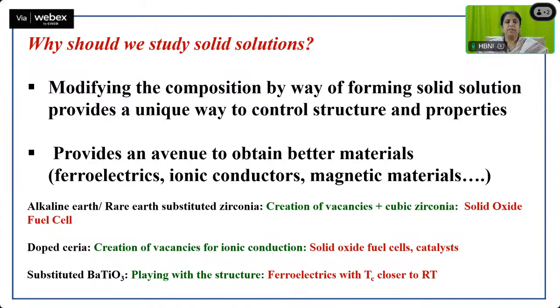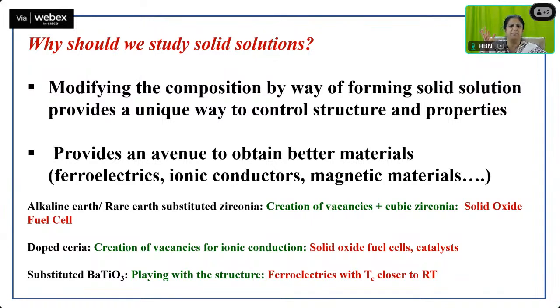Let's say zirconia, ZrO2. As such, ZrO2 exists at room temperature as monoclinic. But the same ZrO2, when you dope it with Y3+ or an alkaline earth ion like calcium or barium, creates vacancies and makes it an excellent high temperature ionic conductor.